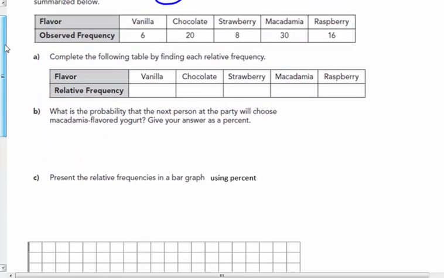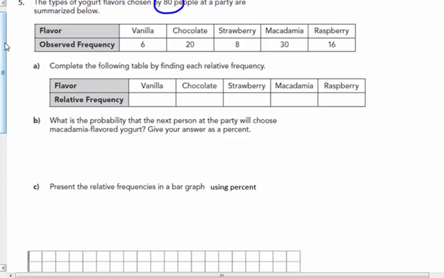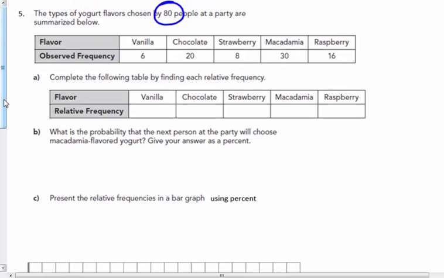So since part B and C both say using a percent, I'm going to answer my relative frequency instead of vanilla, 6 out of 80, I'm going to convert that to the percent. So you guys have calculators, right? Yeah. 6 out of 80 is what percent? How would we do that?